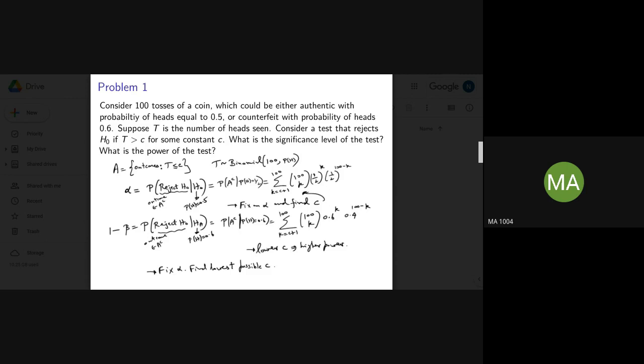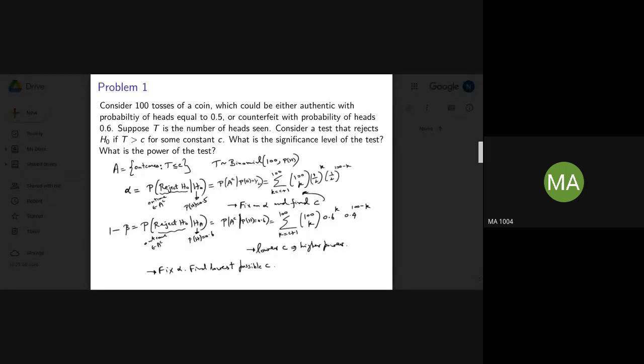And what will be the distribution in that case? Basically it should be x1 plus x2 up to x100. And how did we define these xi's? xi equals 1 if you have head, otherwise if it is tail, we put xi to be 0.